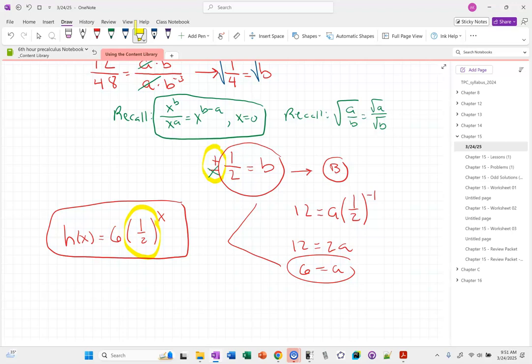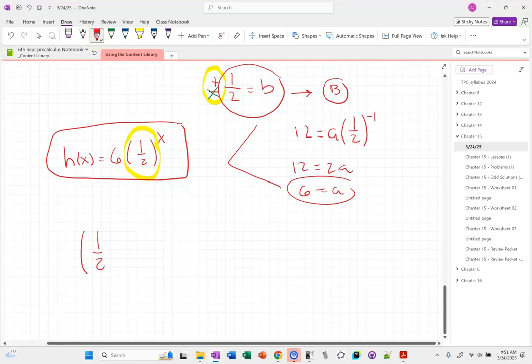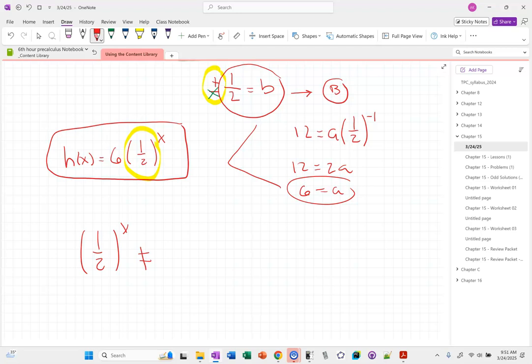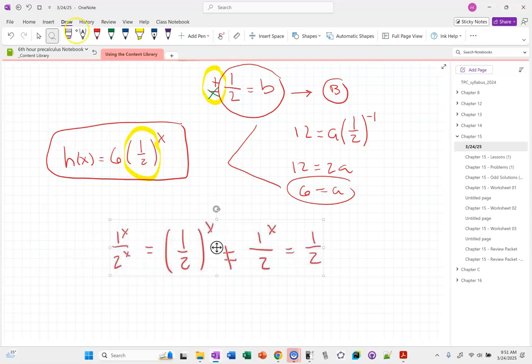Whenever I have the b of my exponential function as a fraction, I need you to write the parentheses around it, because 1/2 to the x is not the same as 1 to the x over 2. Right? 1 to the x over 2 would just be like, that's the same thing as 1/2. The quantity 1 over x, or 1 over 2 to the x, is like 1 to the x over 2 to the x.